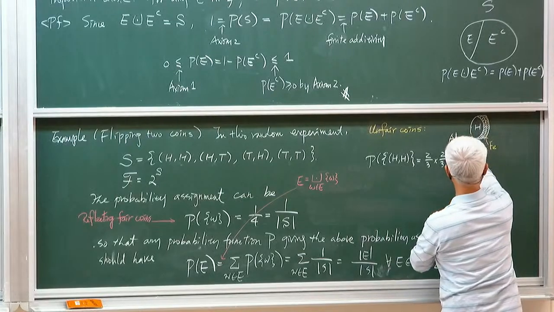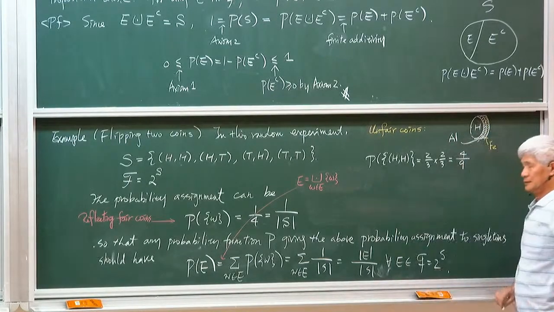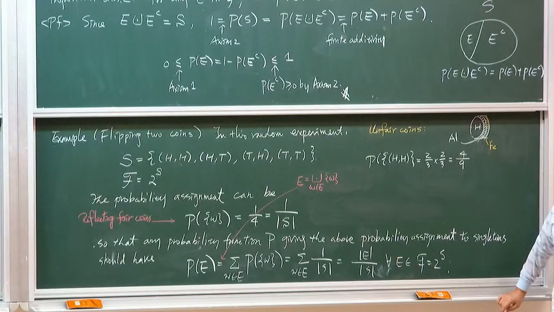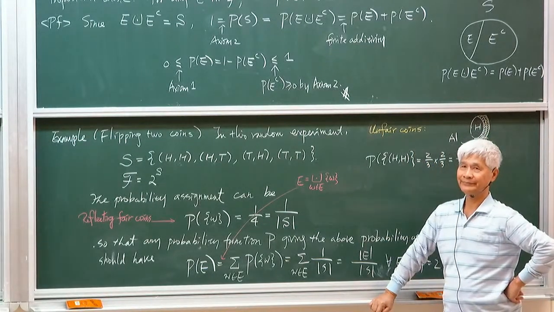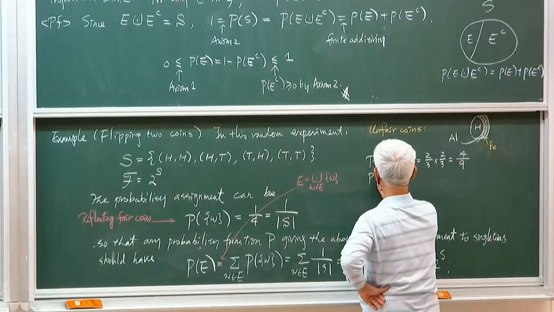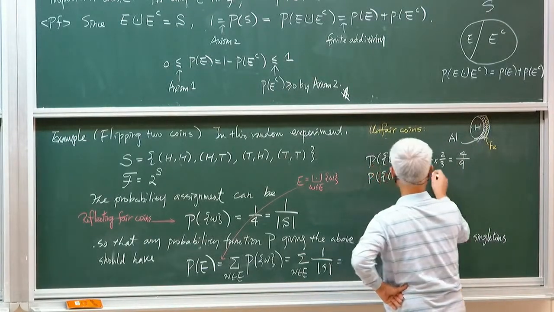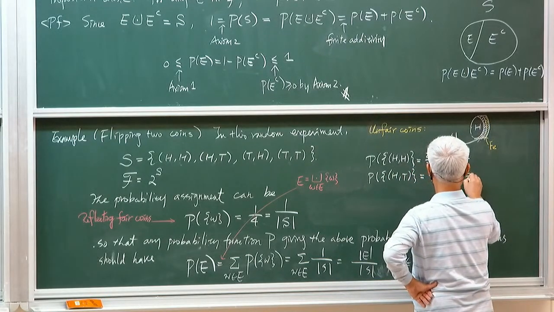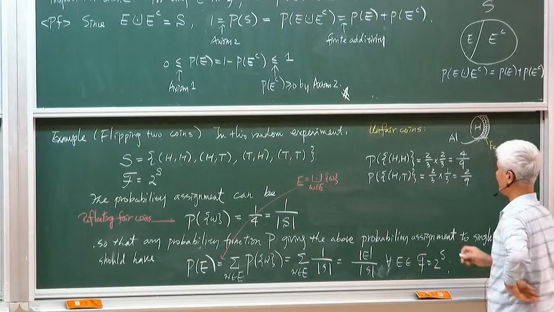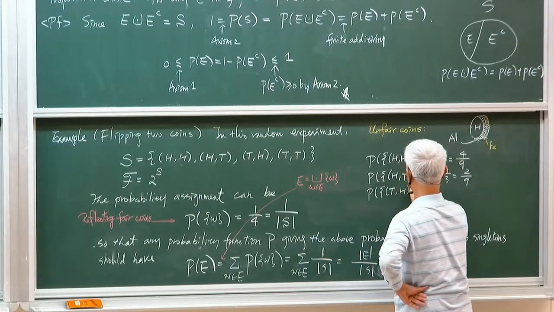Good question. So this will be 4/9 instead of 1/4 now. And the probability to have head and tail will be 2/9, and the probability to have tail and head is also 2/9.